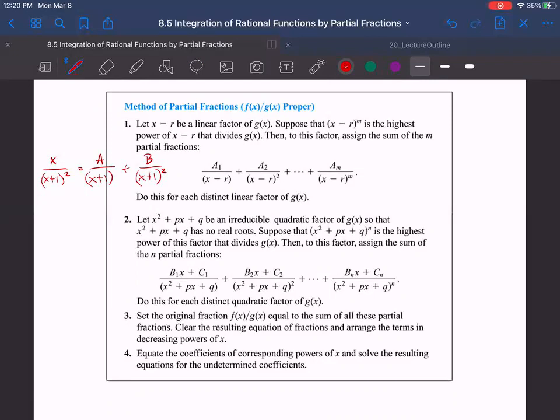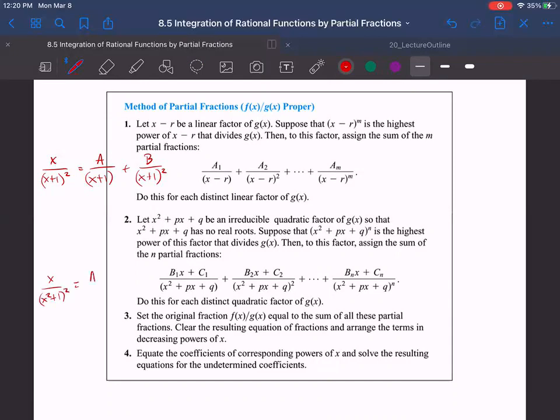And see the form that they take there. b1 x plus c1 over x squared plus px plus q, and then b2 x plus c2 over that. So you go through and get that. Now, I put this little example: x over x squared plus 1 squared, right?